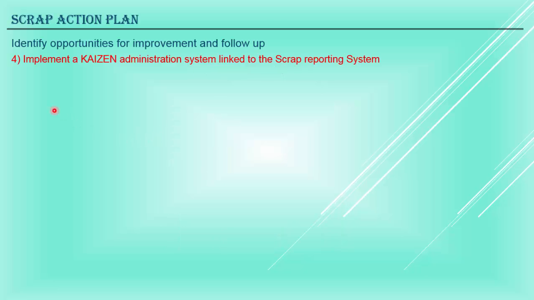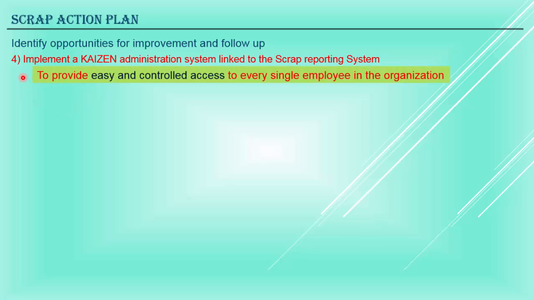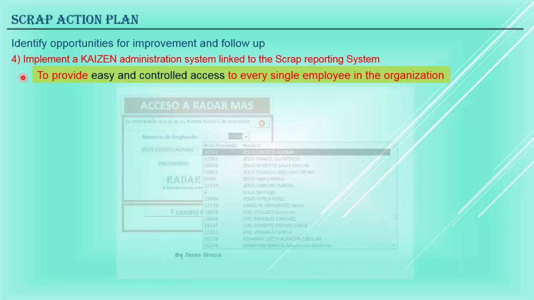Now it is time to start working on the Kaizen activities, and to do this I will implement a Kaizen administration system linked to the scrap reporting system to provide easy and controlled access to every single employee in the organization.